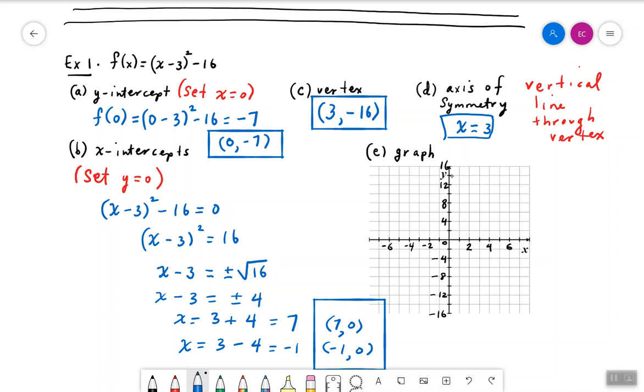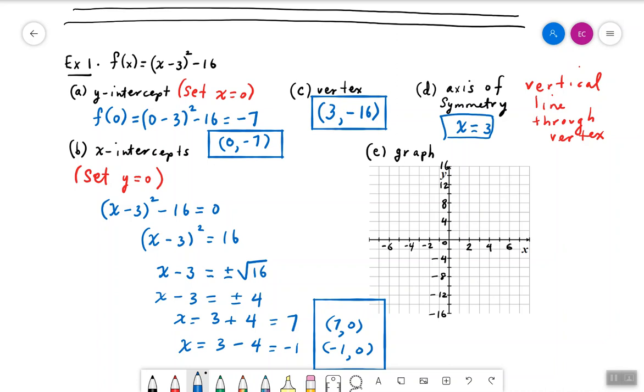And of course I didn't write the number at each tick mark. I went every other tick mark and wrote in the 4, 8, 12, 16. And then in the x direction I counted by 1's. 1, 2, 3, 4, and so on. But again, I only wrote the number for every other tick mark.